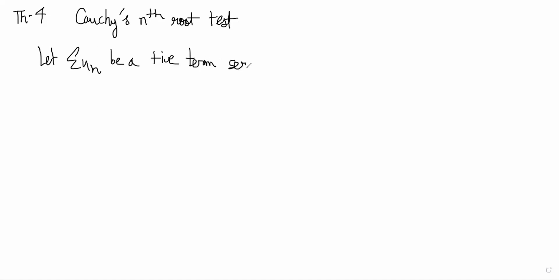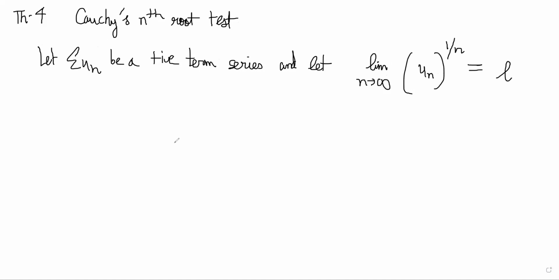This says let un be a positive term series, and let the limit as n tends to infinity of un power 1 by n be equal to L. The nth root of un.